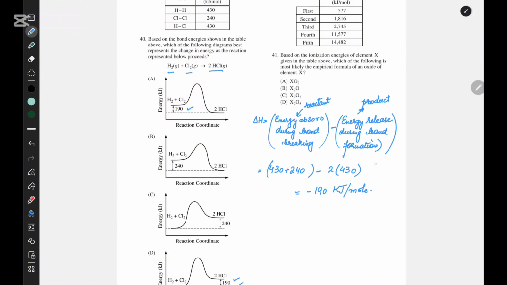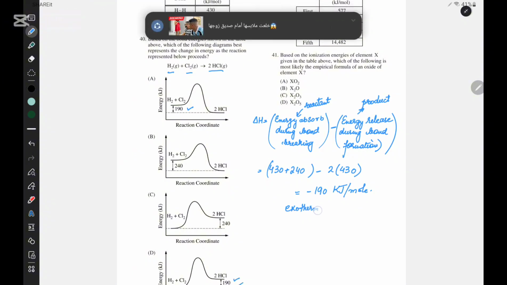So you can see, with the negative value, this is exothermic.